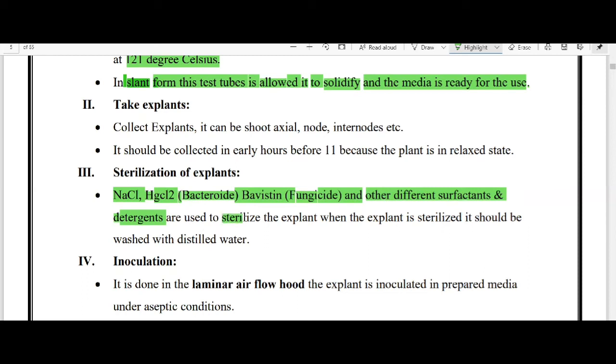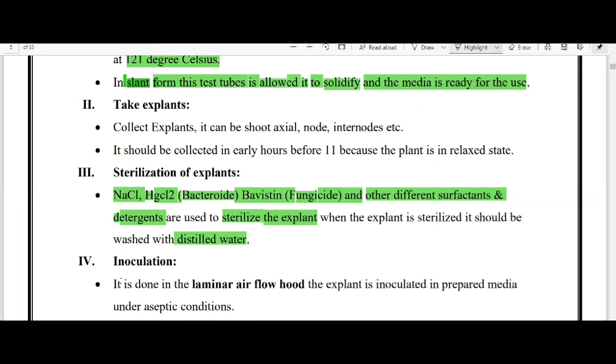We will discuss the process of sterilization of the explant in detail in our further videos. But by these chemicals, we can sterilize our explant, and after the sterilization, the plant is washed with distilled water. Remember, after every sterilization procedure with any chemicals, we wash the explant with distilled water.